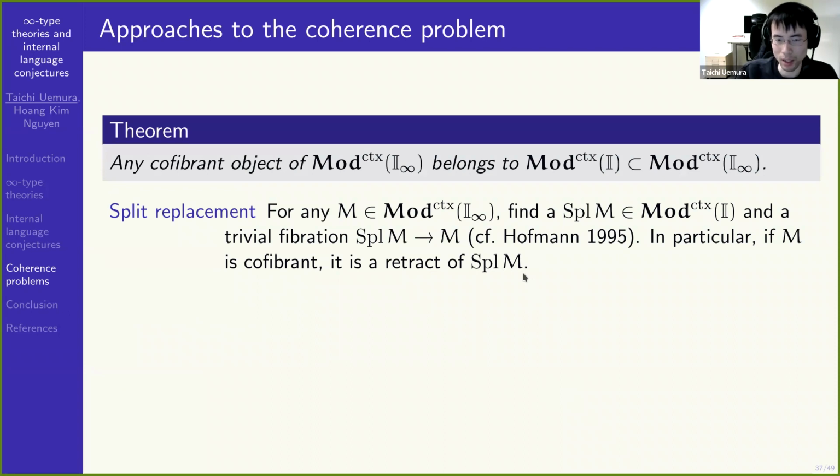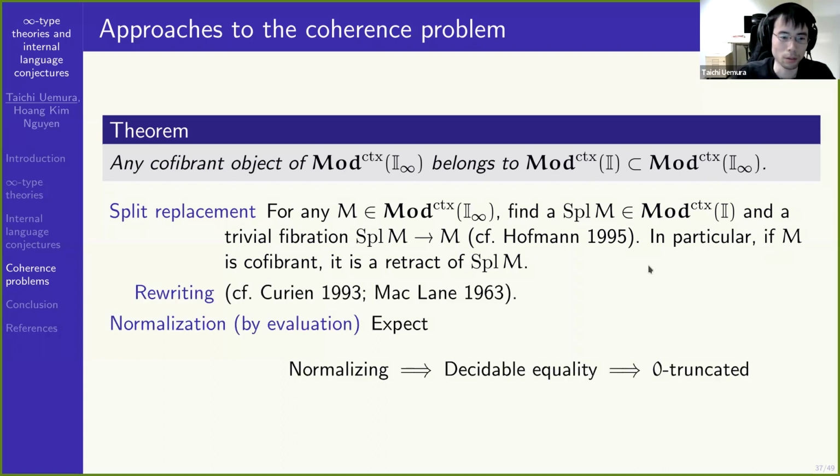The idea is that given a model M of I infinity, we want to find its split replacement, which is a model of I equipped with a trivial fibration from the splitting of M to the given M. If we have such a split replacement, this theorem is immediate, because if we start from a cofibrant model of I infinity, it becomes a retract of the split replacement. Then by a retract argument, M itself also belongs to the category of models of I.